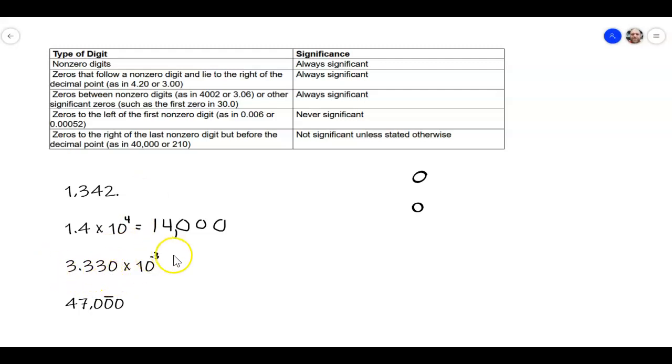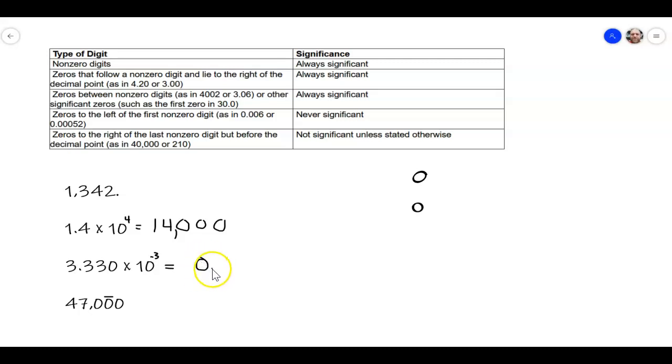Remember, zeros are significant when they are to the right of a decimal point. So 4 significant digits, and in order to see what my precision is, I'm going to take this out of this form. This is 10 to the negative 3, so I have to move the decimal place 3 to the left.